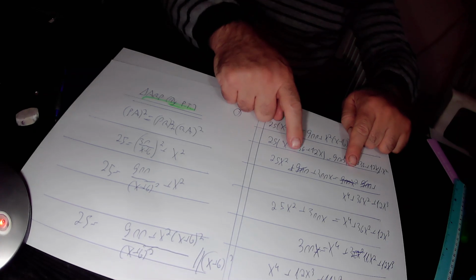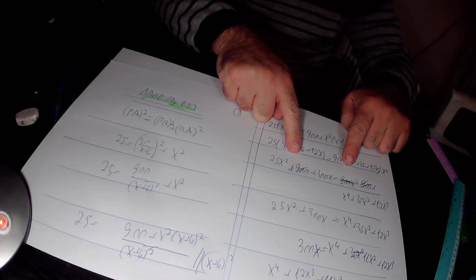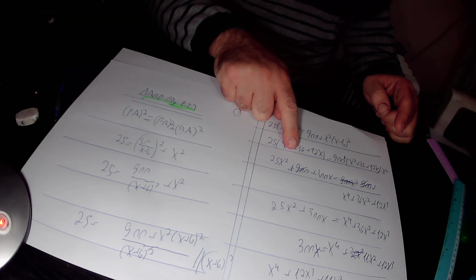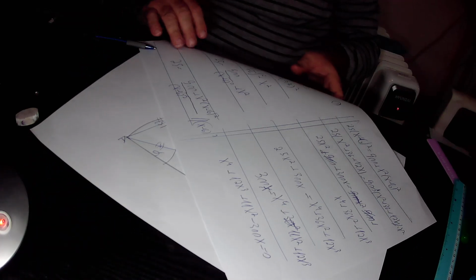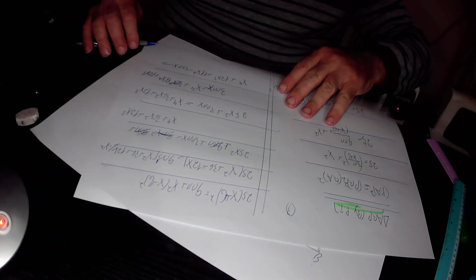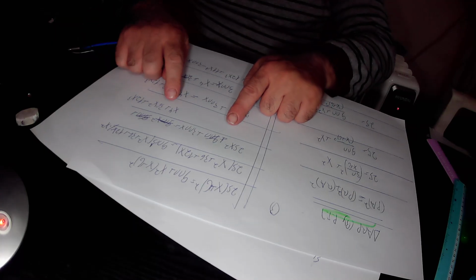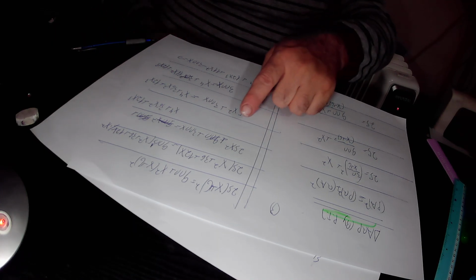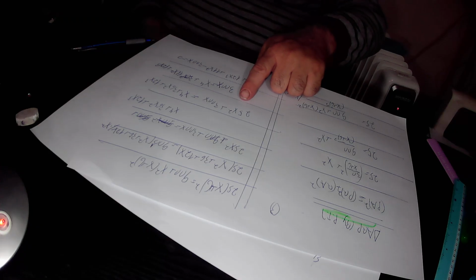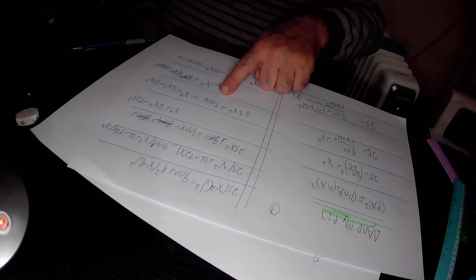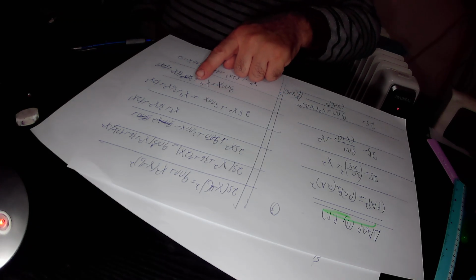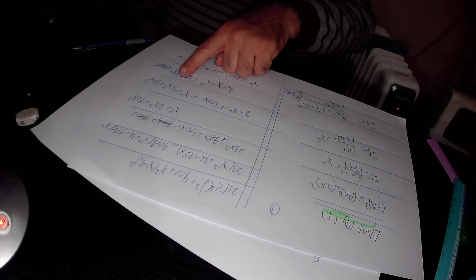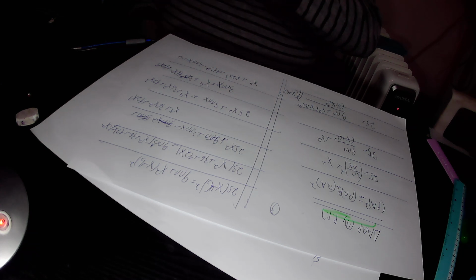So here we have 900 on both sides of this equation, so 900 will get cancelled. After I cancel 900, on this side of the equation we are left with 25x squared plus 300x. On the other side we have x to the power of 4 plus 36x squared plus 12x cubed.